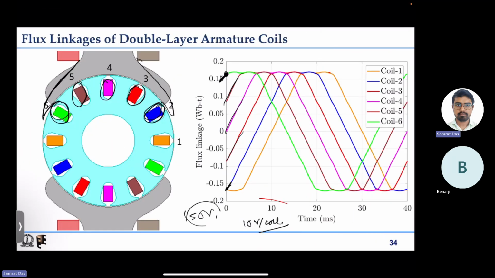Here also we have 12. So this is the commutation instance, the case where commutation is taking place in coil 1. At this instant, 1, 2, 3, 4, 5, they are contributing to induced EMF.